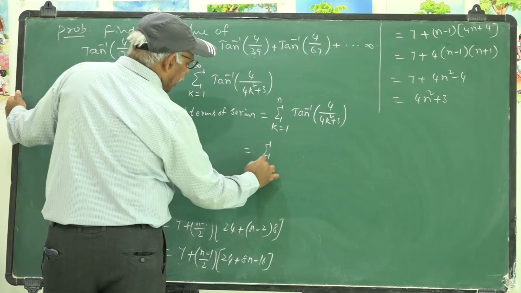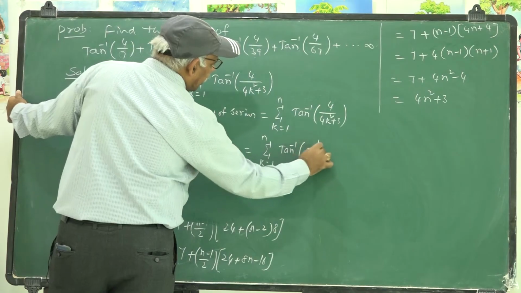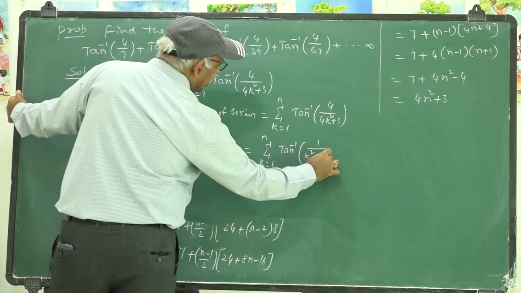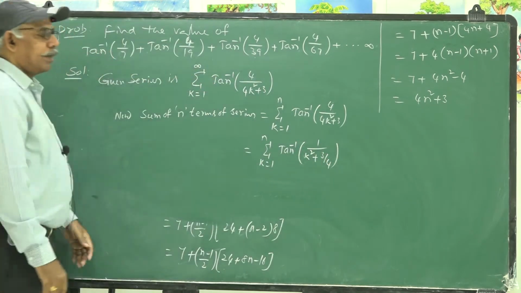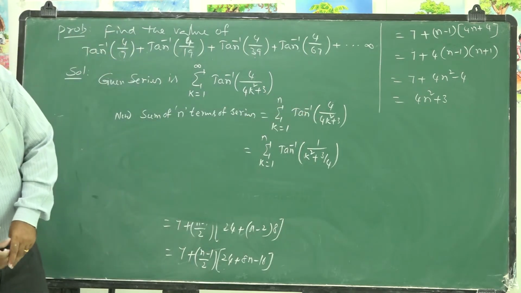This is sigma k equal to 1 to n tan inverse of 1 by k square plus 3 by 4. I am dividing the numerator and denominator by 4.